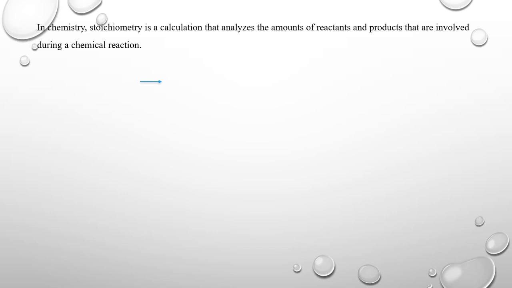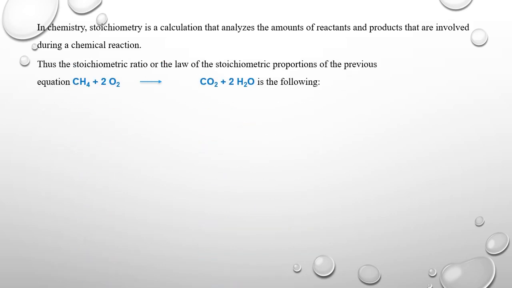In chemistry, stoichiometry is a calculation that analyzes the amount of reactants and the products that are involved during a chemical reaction. Thus, the stoichiometric ratio, or the law of the stoichiometric proportions of the previous equation, that is, CH4 plus 2O2 to give CO2 plus 2H2O, is the following.